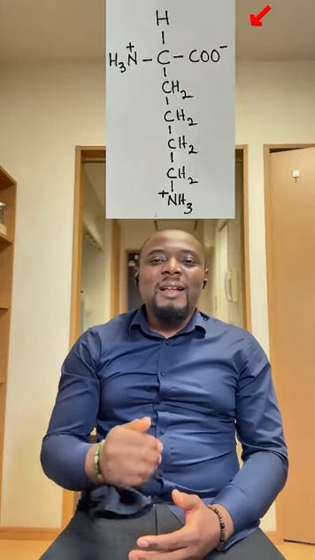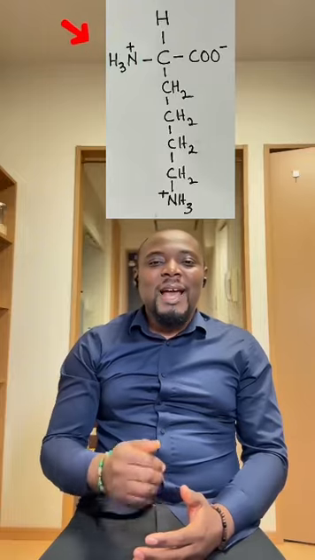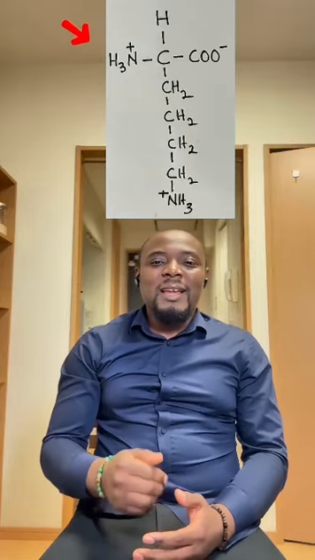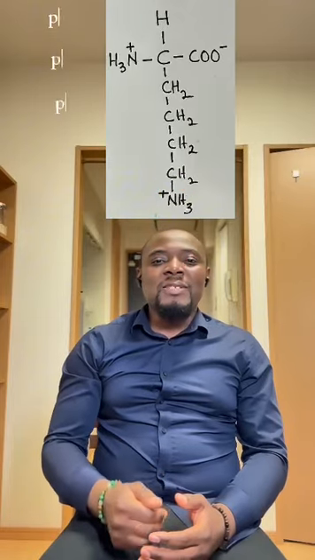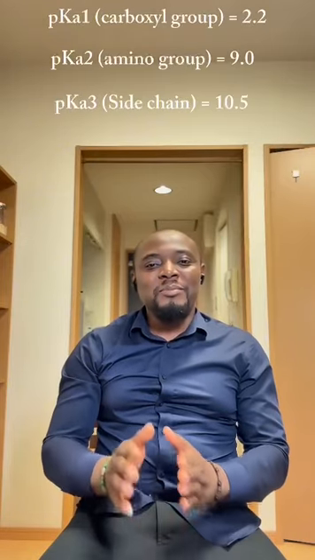Let us now look at the pKa values of lysine. Lysine has 3 ionizable groups: the alpha carboxyl group, the alpha amino group, and an extra amino group in the side chain. Each of these ionizable groups has a different pKa value. The pKa value of each ionizable group represents the pH at which they lose a proton.